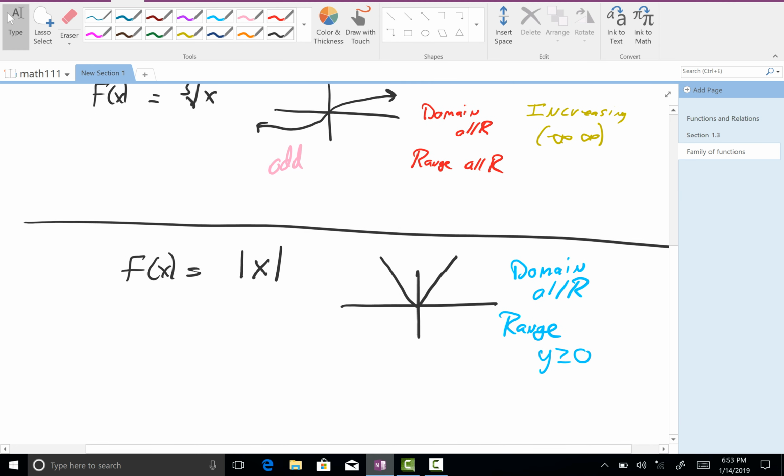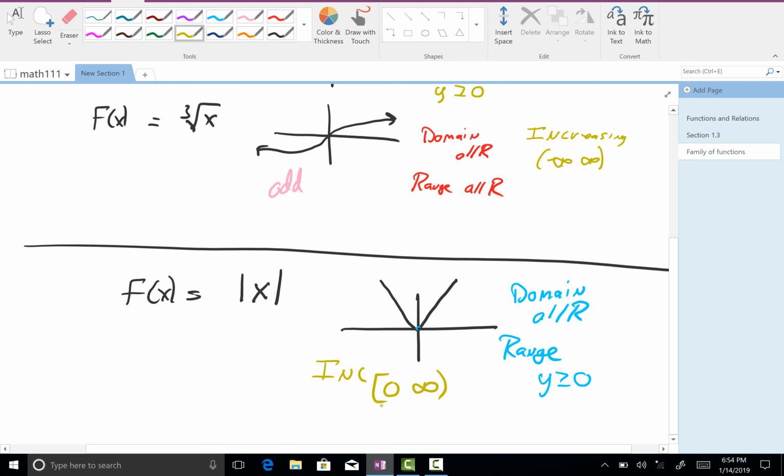Increasing. So we could say increasing from 0 to infinity and decreasing from negative infinity to 0. Actually, I think I'll put a parenthesis around those. There we go. Going down and then going up. All right, so we call that decreasing and increasing. That's absolute value.